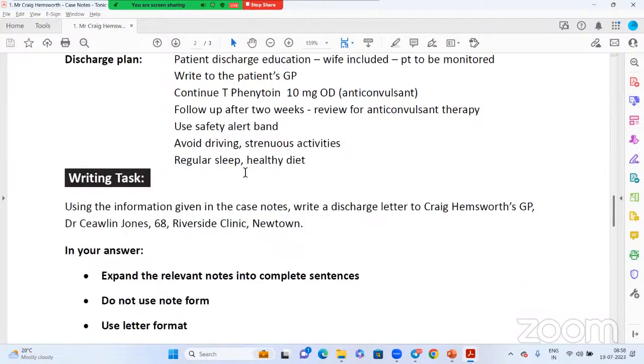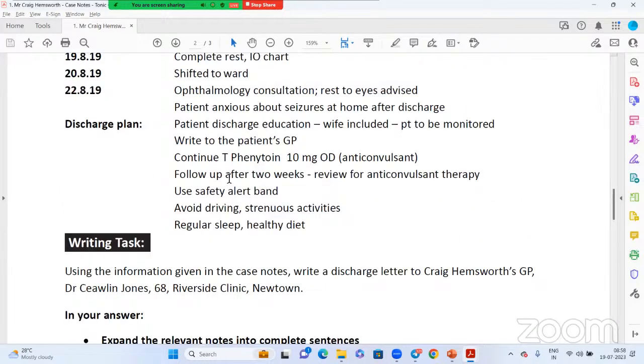We're writing to the GP, general practitioner. Remember that. Writing to general practitioner. So patient discharge education, wife included, patient to be monitored, write to the patient's GP.